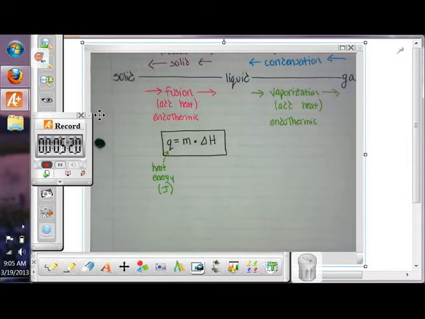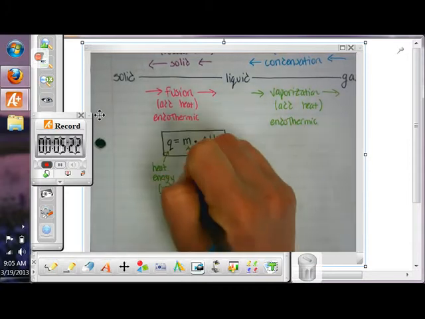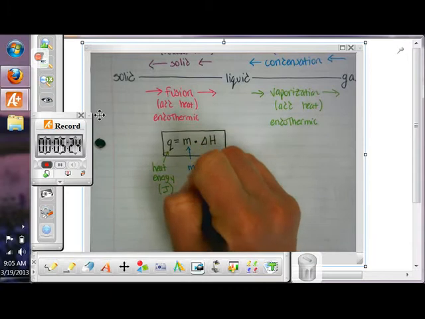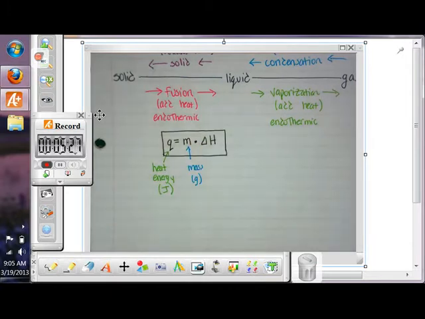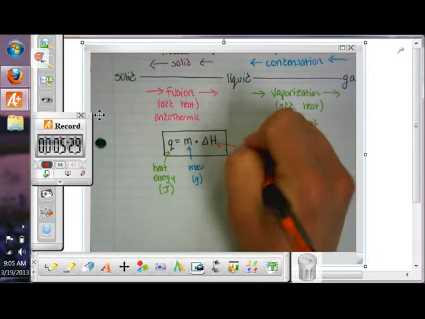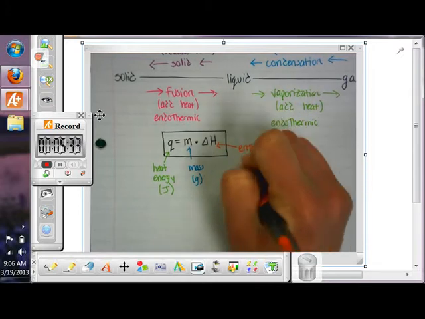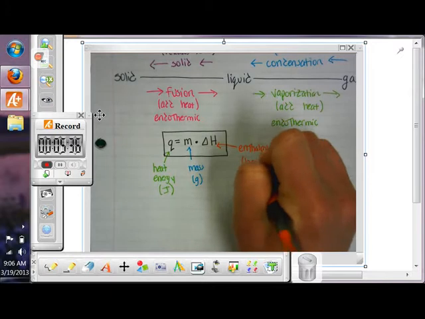M stands for mass, and that is in grams. And delta H is enthalpy, which is just a fancy schmancy word for heat.